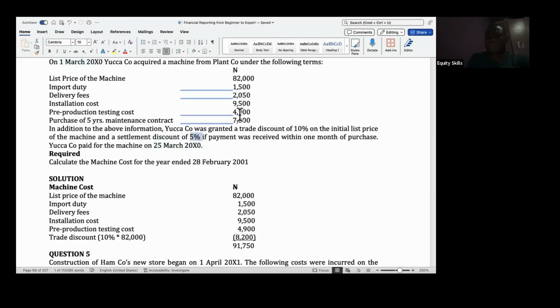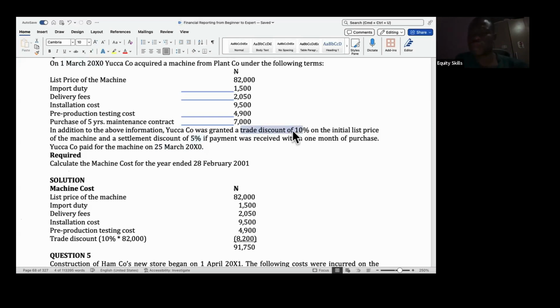So what's the impact of this? Based on what I taught you before, the trade discount is the discount you get immediately, so we're going to deduct this from the cost of our assets. So 10% on the listed price is 8,200. This will be deducted. But these settlement discounts will not impact the cost of the assets.